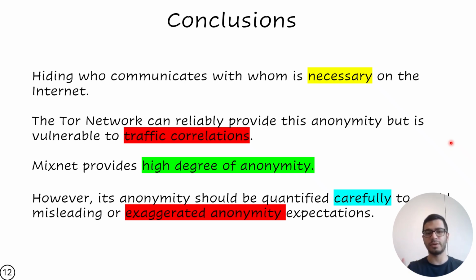So in a nutshell, in this talk, we learned that on the Internet, we have anonymity issues considering the identity of endpoints. One can resolve this issue using the Tor network, but unfortunately Tor is very vulnerable to adversaries observing both ends of the network. To have higher anonymity, you can definitely use a mixed network, but mixed networks have usually been quantified by their anonymity using the message anonymity metric, which is not super accurate and might lead you to misleading results.